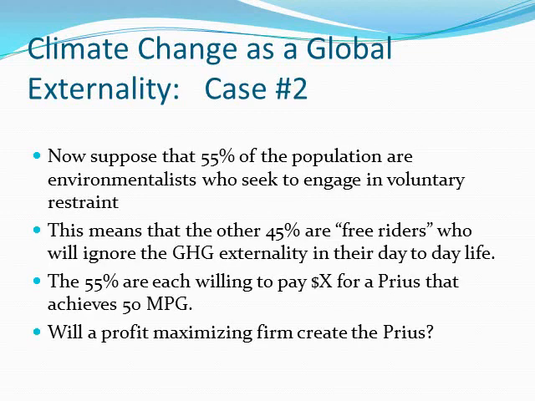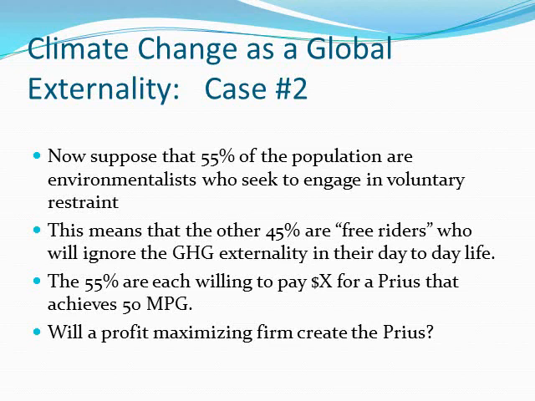Now, in case number 2, we're going to make a switch, and we're going to introduce the consumption externality. Let's suppose that out of every 100 people, 55 of them are environmentalists who seek to engage in voluntary restraint. This means that the population, the 100%, can be broken into the 55% who are environmentalists and the 45% who are free riders.